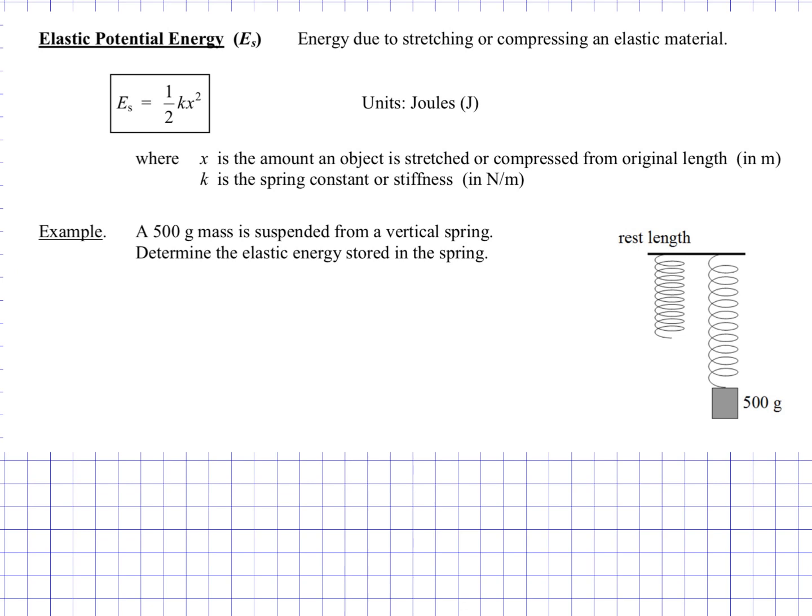Okay, so we've been introduced to Hooke's law. Now, it turns out that when you use Hooke's law, and there are various ways to do it, you can combine some physics principles together to get an equation for elastic energy.